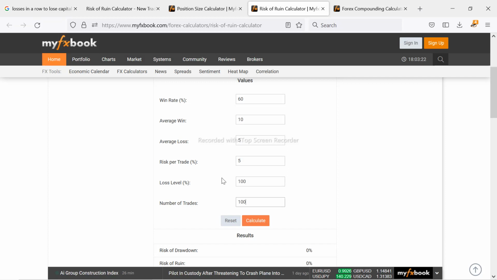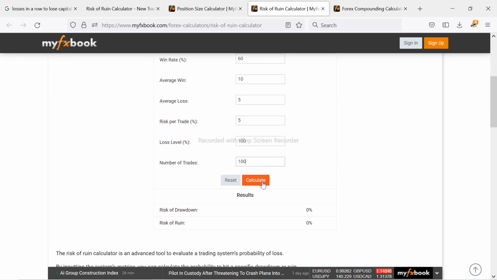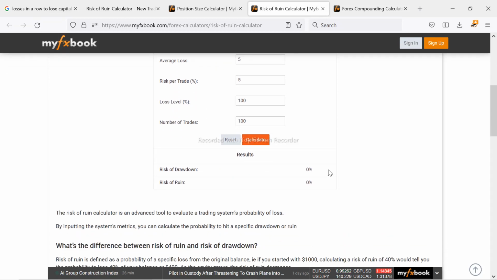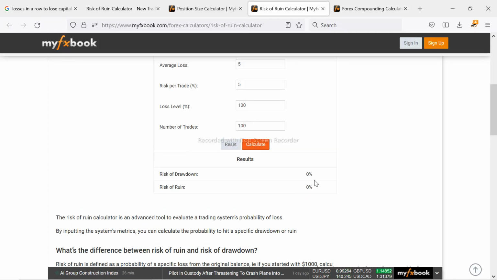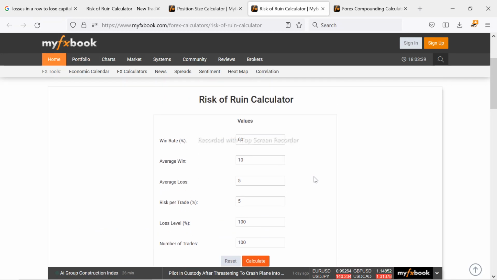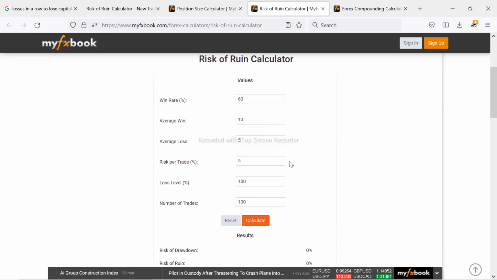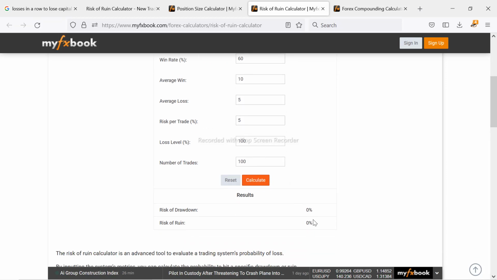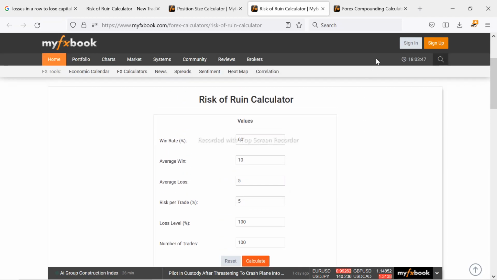You want to calculate the loss level of 100% of your account over the life of 100 trades. So let's calculate it. The risk of ruin is basically 0%. The likelihood you're gonna lose your account is basically 0%.